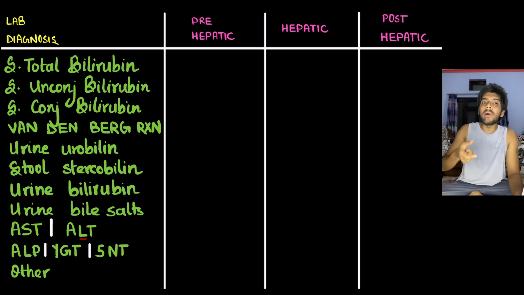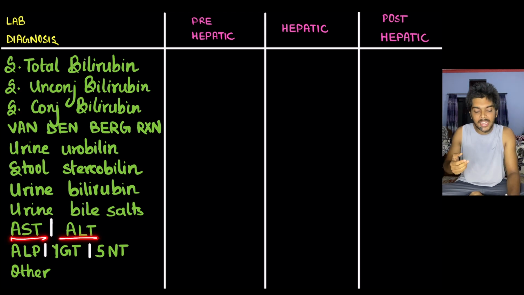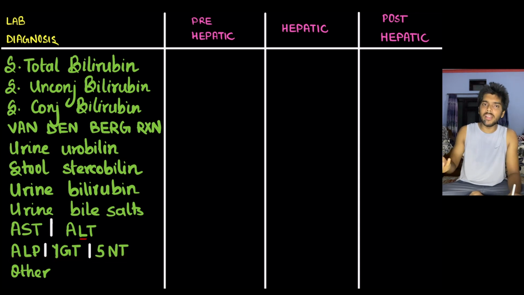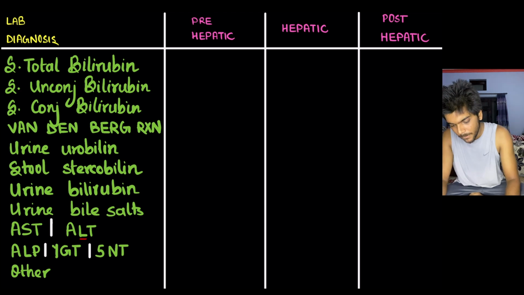Then the presence of bile salt in urine. Then within the hepatocyte, you have AST-ALT that leaks out into blood circulation, so you are going to see AST-ALT, the hepatocytic enzymes. Then within the bile canaliculi, you have ALP, gamma GT, and 5-NT, the presence of those in the blood. And then the other lab diagnosis that you can do.